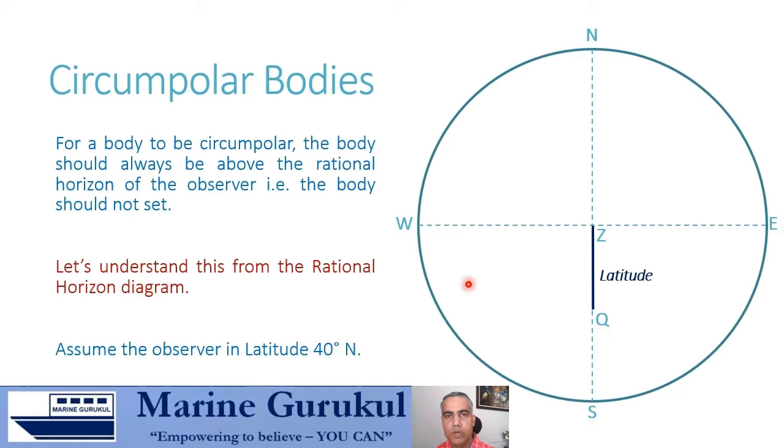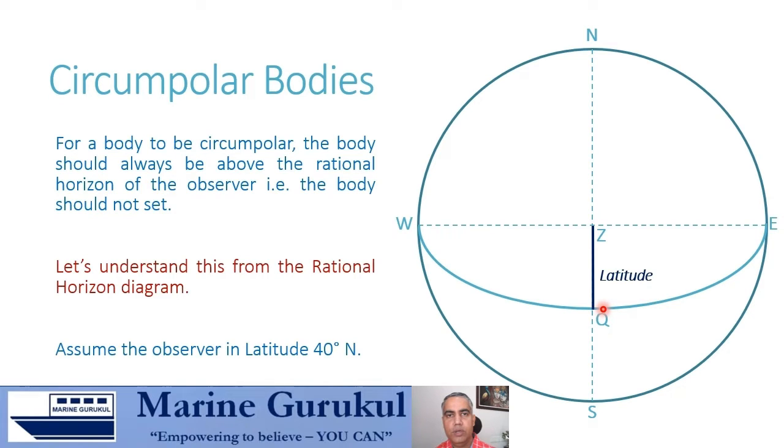We are aware that the equinoctial always passes through the west and east points. So now we know that the equinoctial will pass through W, Q and E, and we can now show the equinoctial in our diagram. Once the equinoctial is there in the diagram, we can also show the pole.